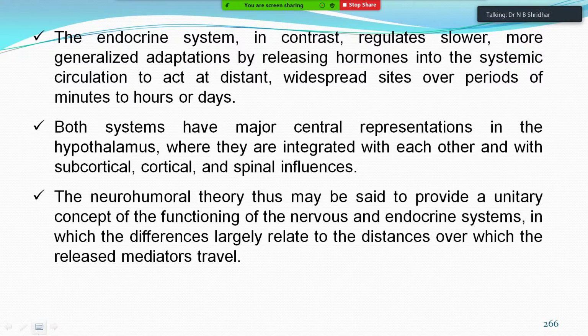The endocrine system regulates slower, more generalized adaptations by releasing hormones into systemic circulation to act at distinct, widespread sites over a period of minutes to hours and days. Here, the endocrine system is a little bit different.